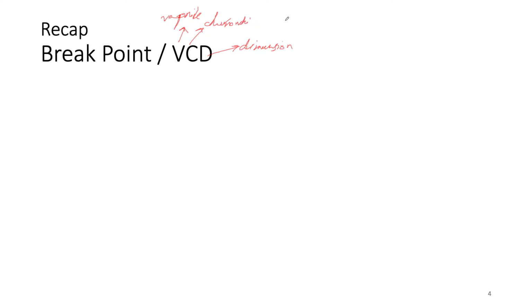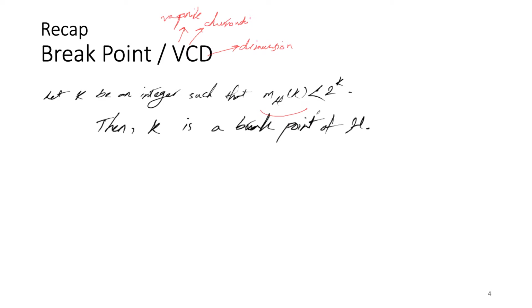They defined in 1971 a VC dimension based on this value. They defined: let k be an integer such that the maximum growth function for k points is smaller than 2 to the power of k, then k could be a breaking point, right? Because after that, this value will be bigger. Before that, it's going to be smaller.